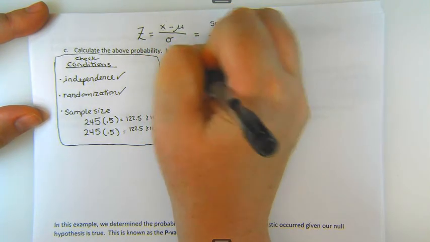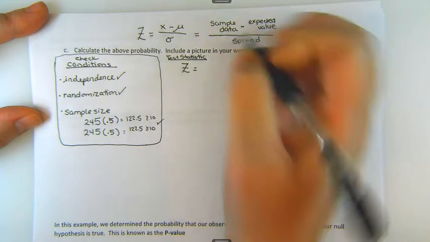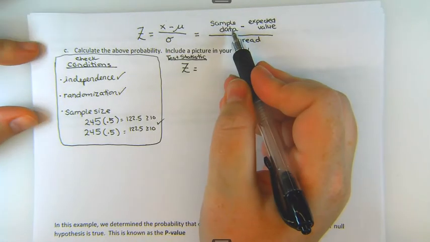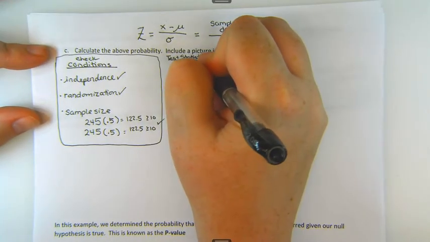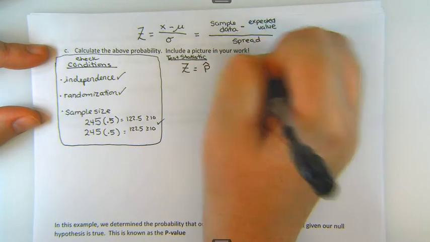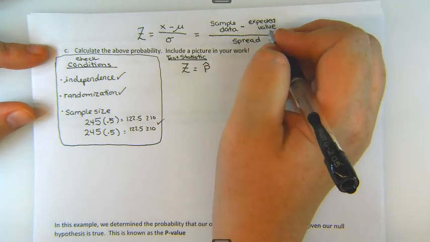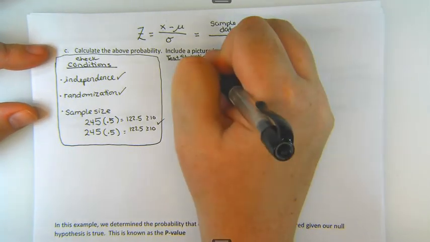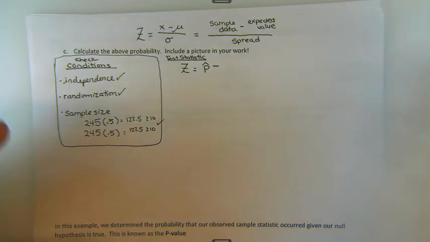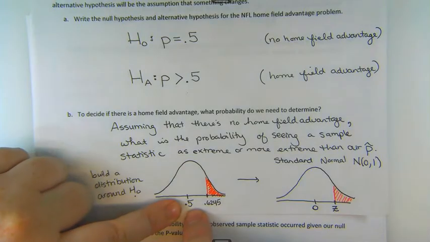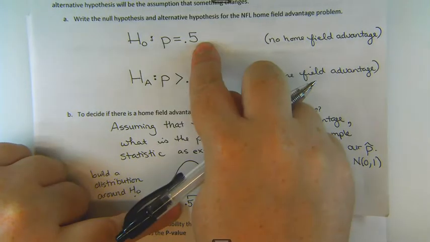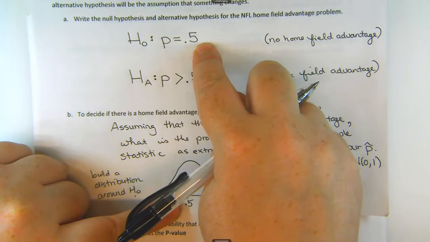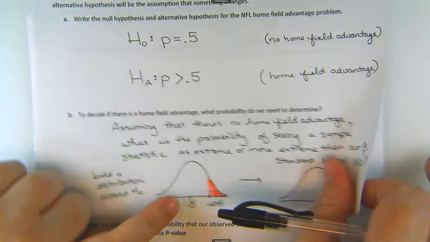Finding our test statistic, we want to take our sample data, which for us is our sample proportion, and see how far away it is from where we expect to be landing. For the curve that we're creating, our expected value is always going to be the proportion from our hypothesis. This is where we assume that we're going to land.